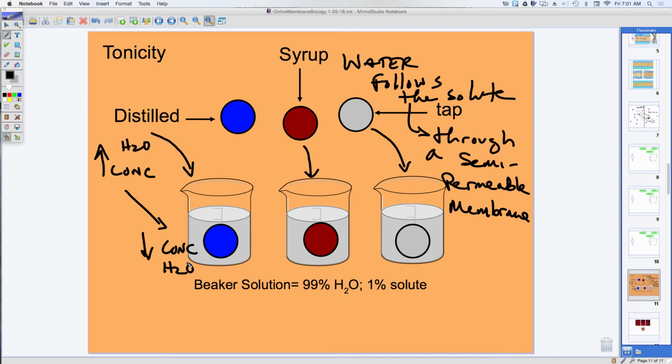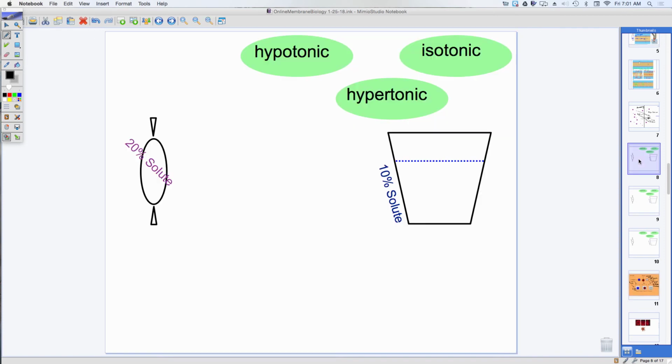So I want to show you an example, and I want to attach some vocabulary to it for you. Let's say we have a solution here that is 10% solute, which basically means that it's 90% water. At the other side, we have a different solution that's 20% solute, and that means that it's 80% water.